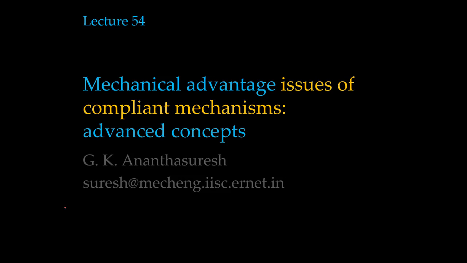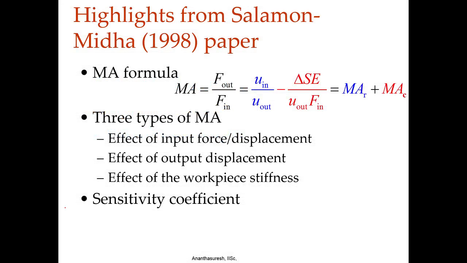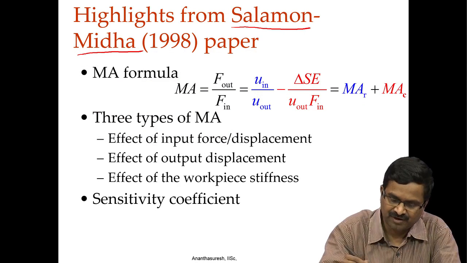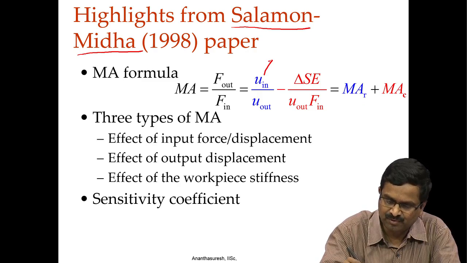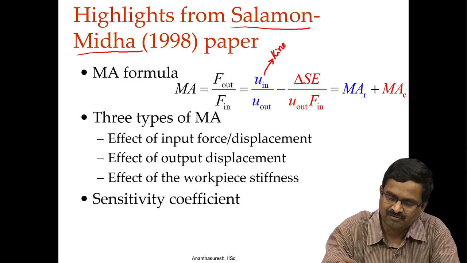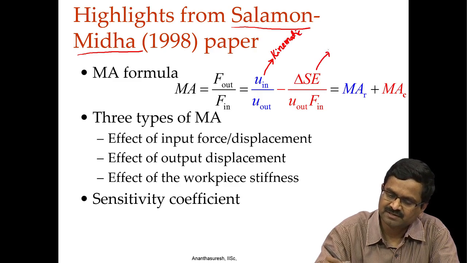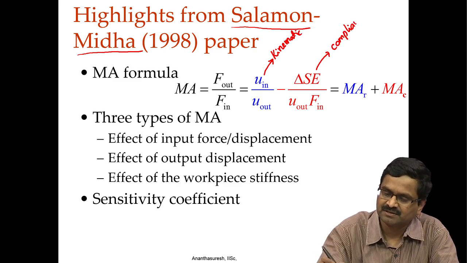So, we were talking about mechanical advantage and there is a formula that we took from a 1998 paper by Solomon and Medha, where they gave the formula for mechanical advantage, which I have conveniently color coded here. The blue one is the kinematic part, or what we can call the rigid part, and the red one is the compliant part or the elastic part.